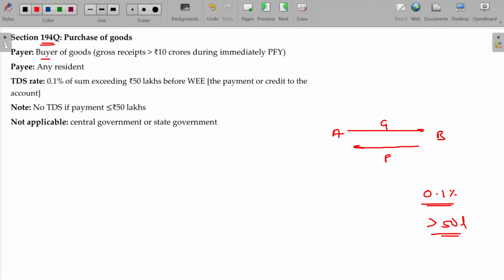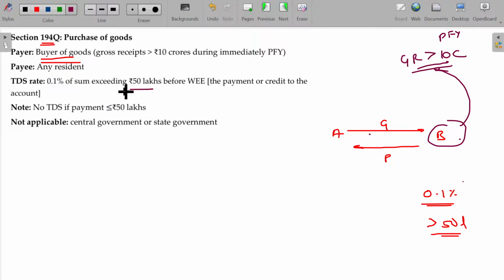So, the payer being the buyer of goods, provided his gross receipts in the preceding financial year, the year preceding the previous year, exceed 10 crore, only then does this provision apply to the buyer. While making the payment, if the sum of payment exceeds 50 lakhs, then 0.1% of that payment will be deductible.